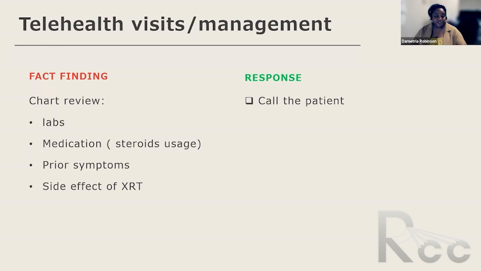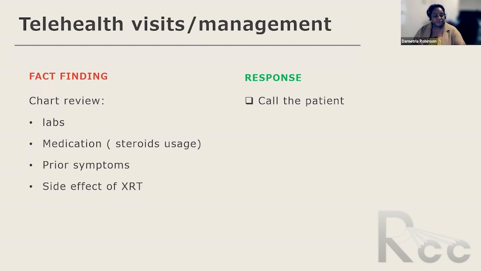So it's okay to message a patient to tell them, hey, sorry to hear about the difficulty swallowing. This is not a typical side effect of our radiation treatment. Definitely always have them talk to their medical oncologist, because when you look in the chart you notice that she's starting some new chemotherapy. This could be that side effect, because unfortunately you're not going to know all of those side effects. So that's important information to tell the patient.